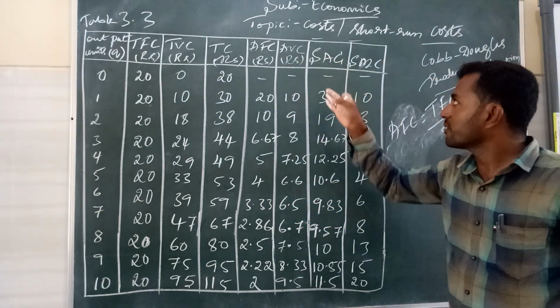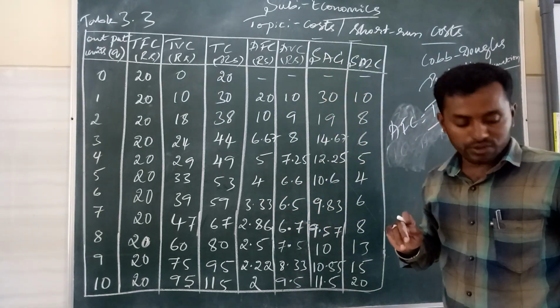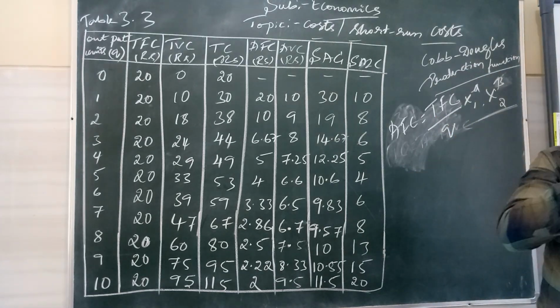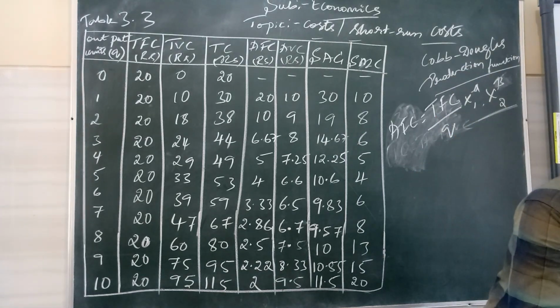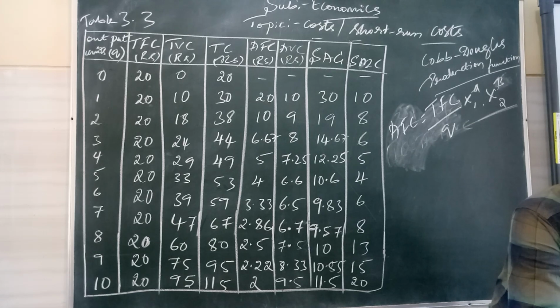Then, average variable cost. How can we calculate the average variable cost? Total variable cost per unit of output is called average variable cost.